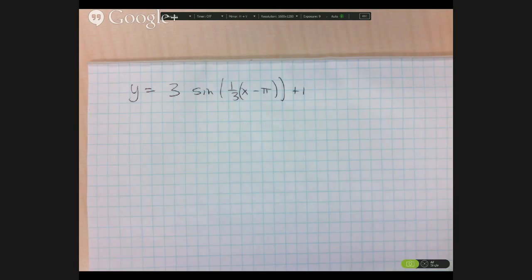Do we need degrees? We are in radians. Whoa, what does that pi mean? Translate it. Right pi instead of 1, so 3.14 instead of 1.